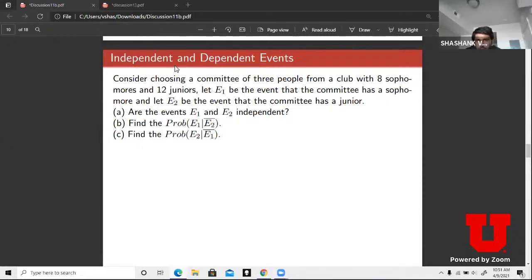In the three-person committee, we have 8 sophomores and 12 juniors.